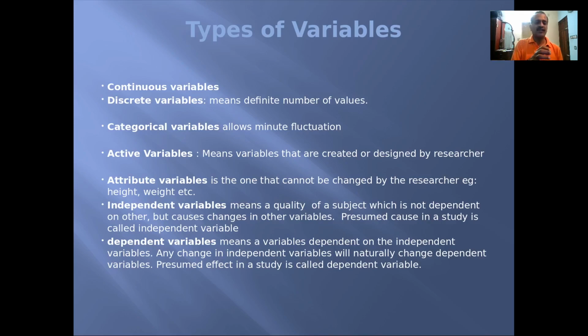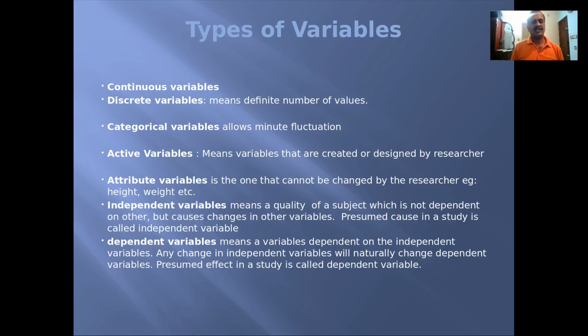What is the effect of that measured change in the independent variable? What is the effect on the dependent variable? Finally I can say that at this particular temperature the maximum learning occurs. So this is the conducive temperature for learning. This is my study. Here the dependent variable is the most important variable.